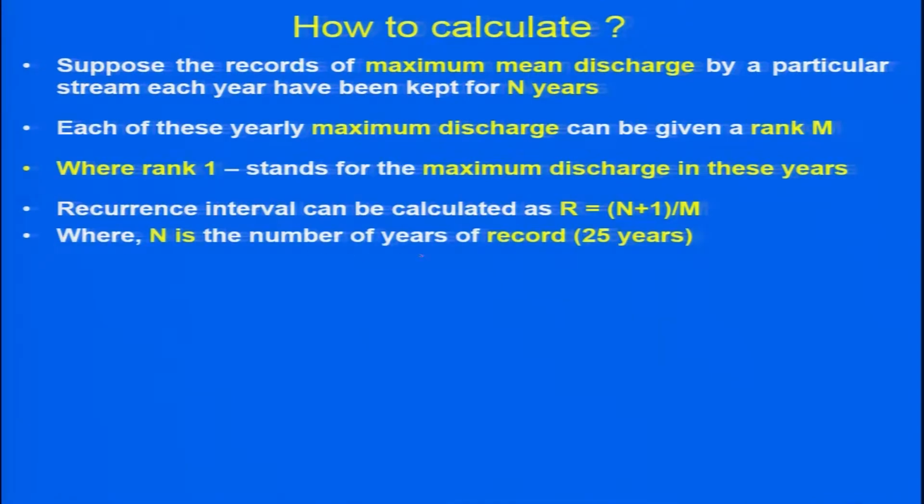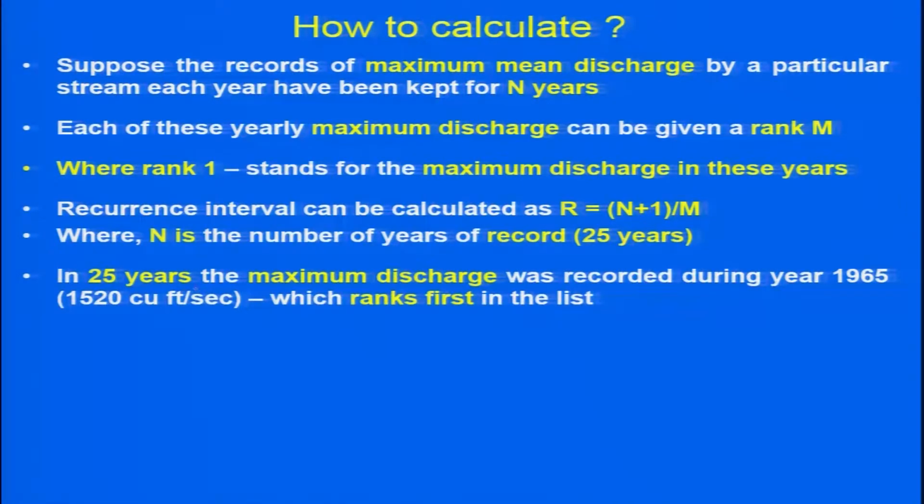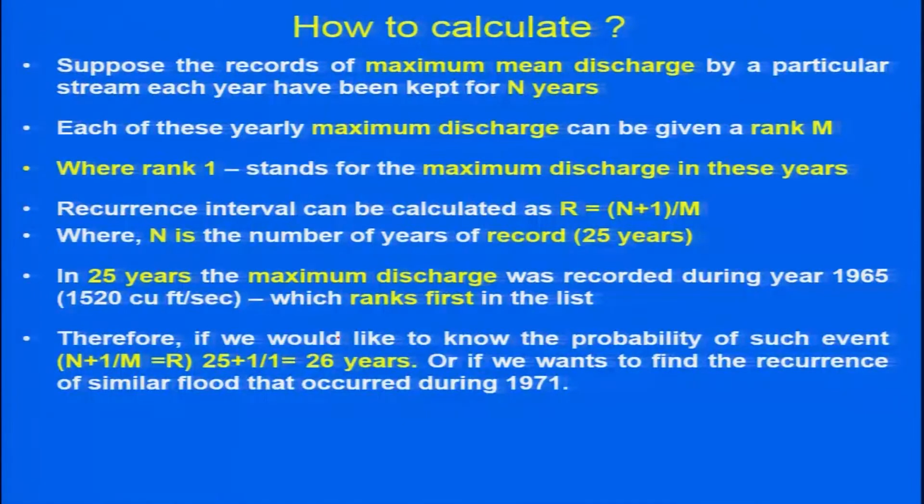Here n is the number of years of records, say 25 years of record is there with us. In these 25 years the maximum discharge was recorded during 1956, taking the previous example, and the discharge was 1520 cubic feet per second, which ranks first. In this case, if we would like to know the probability, it will be 25 plus 1 by 1, which means every 26 years you will have a similar flooding event.